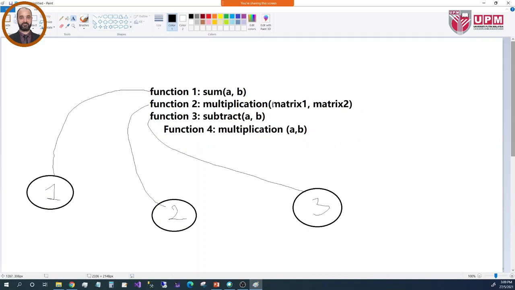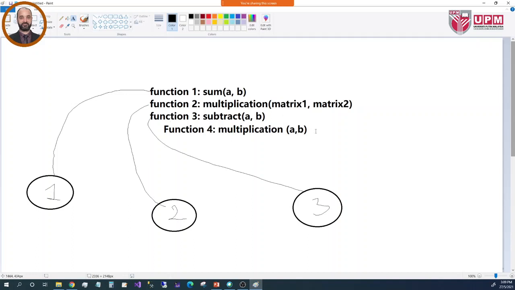So in this case, if we want to do multiplication of matrices, we need to go through rows and columns, and in each row and column, we need to select items. Then we send them to the multiplication function to multiply them and get the result.